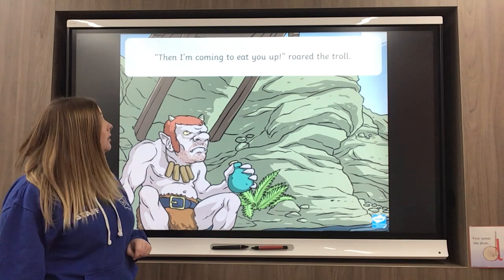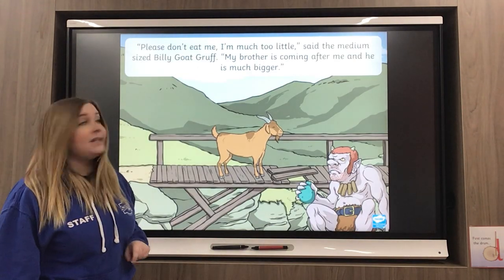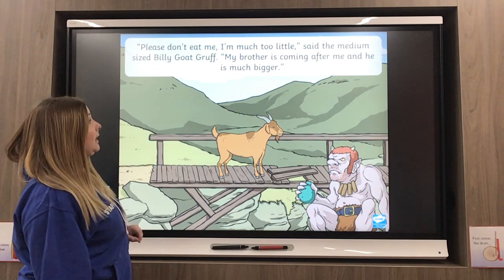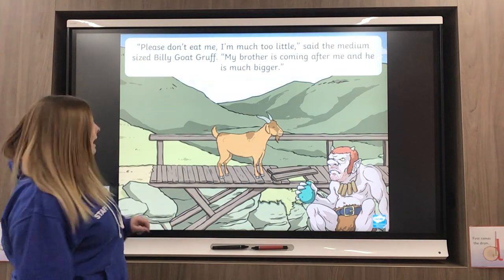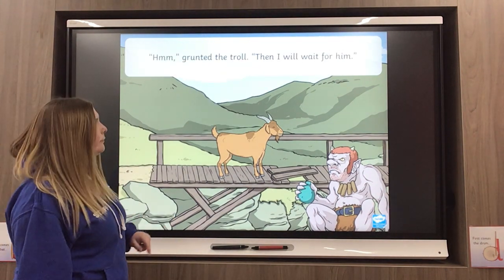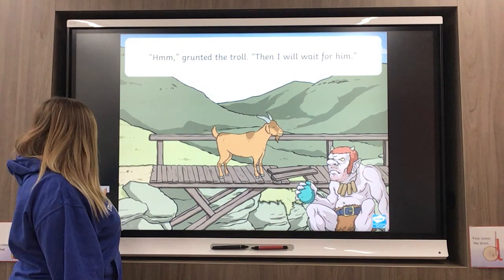Then I'm coming to eat you up, roared the troll. Please don't eat me, I'm much too little, said the medium-sized Billy Goat Gruff. My brother is coming after me, and he is much bigger. Grunted the troll. Then I'll wait for him.